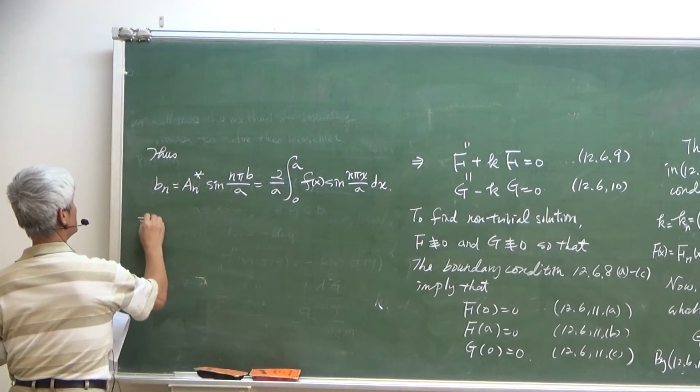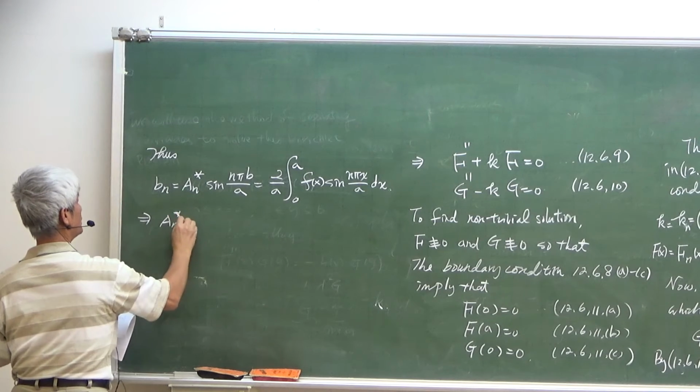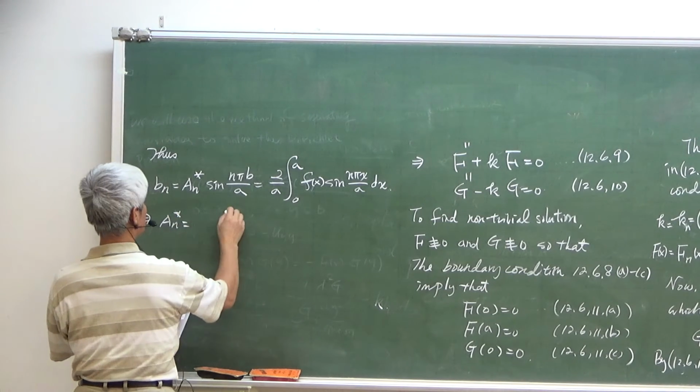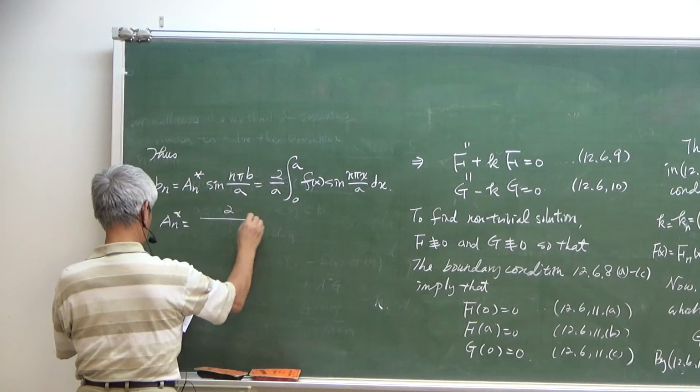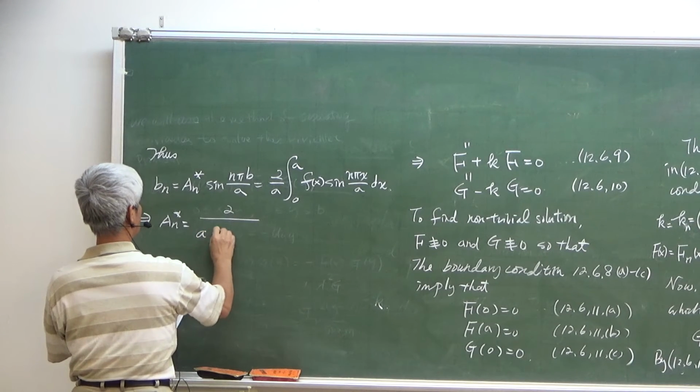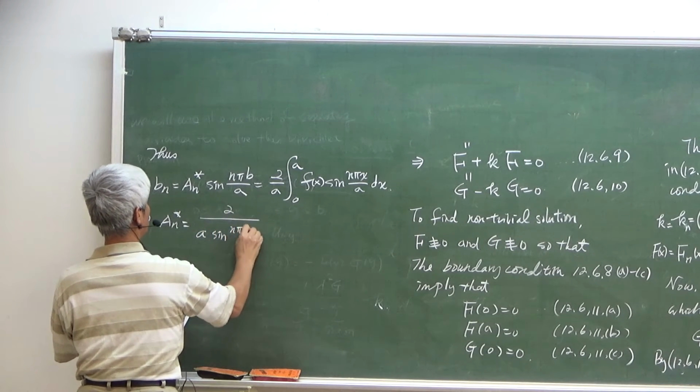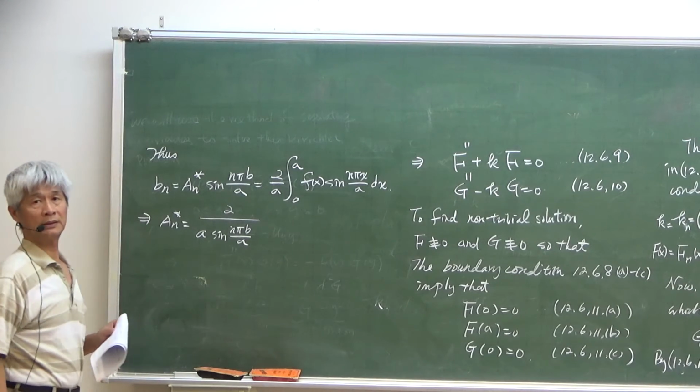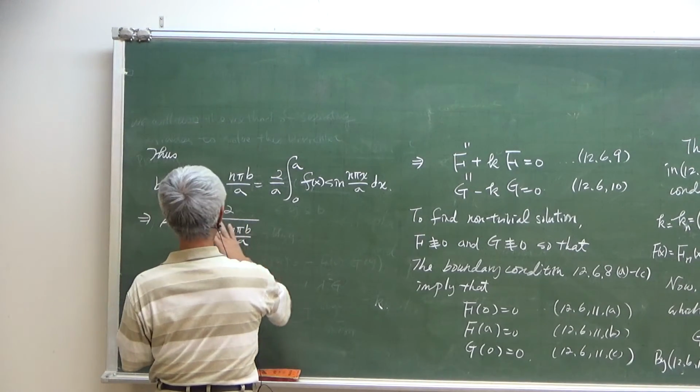Right? So this implies a_n star is equal to this integral, divided by the hyperbolic sine n pi b over a.